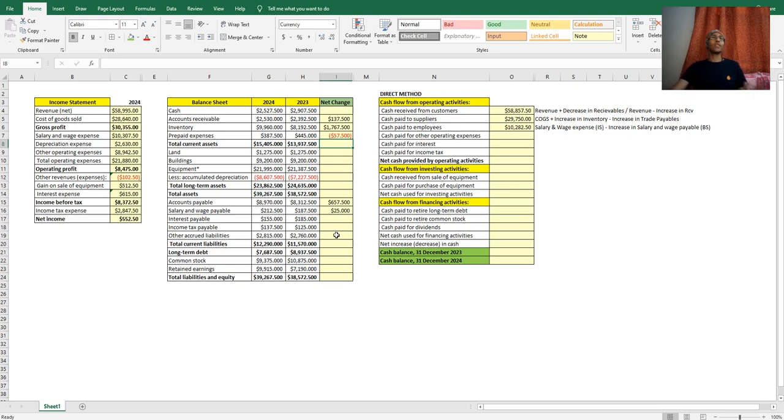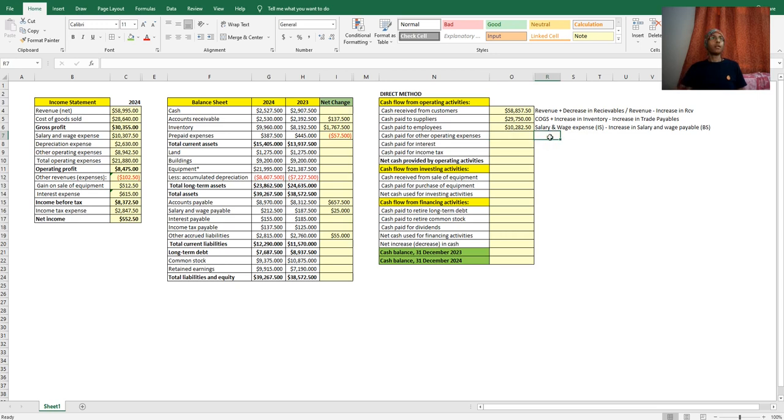Liabilities, we want this to increase for reduction of the cash in cash paid for other operating expenses. Let's see what has happened. This is equal to 2815 minus 2760. Obviously it has increased. So both will be subtracted.